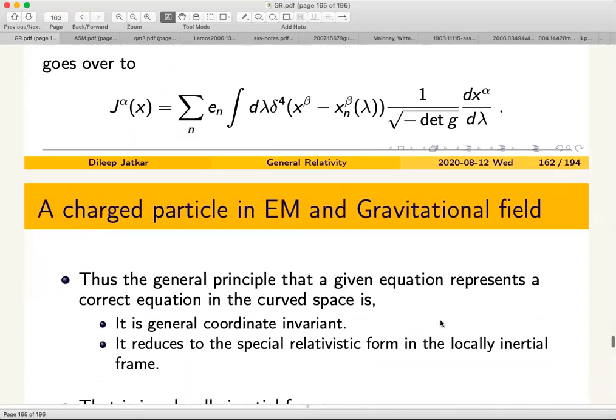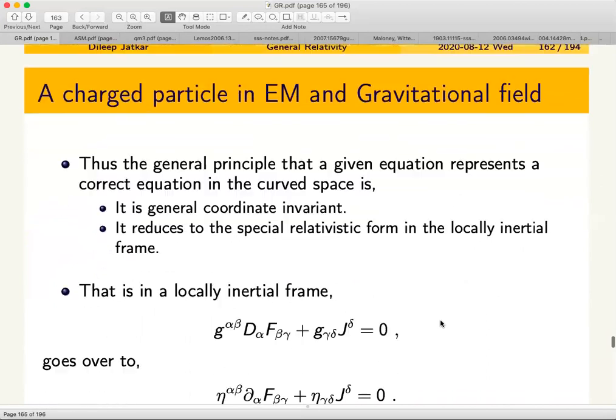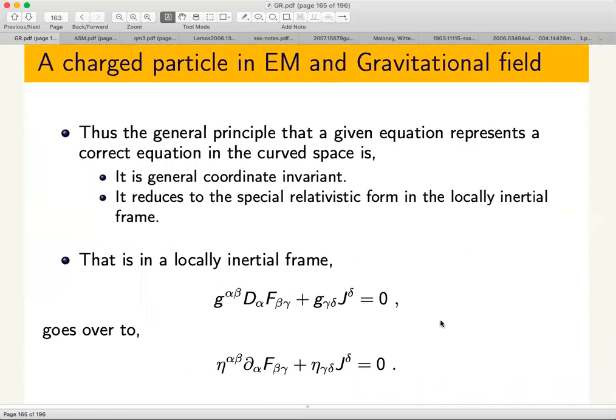Fine. So therefore, the general principle is that given an equation that represents a correct equation in, say, the Minkowski frame, to generalize it to curved space you need to do two things. First is to ensure that the expression is general coordinate invariant.